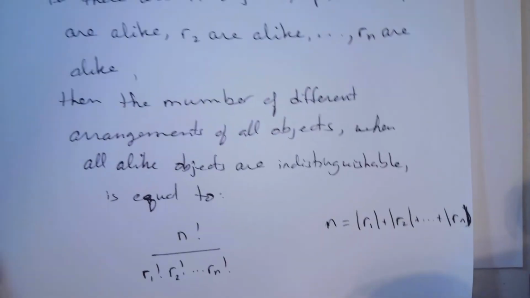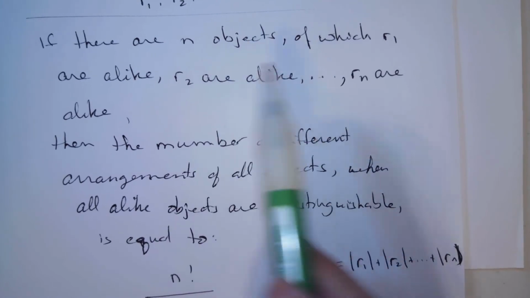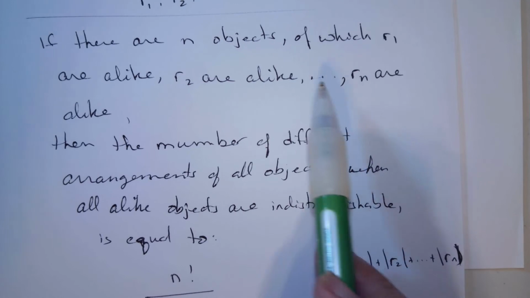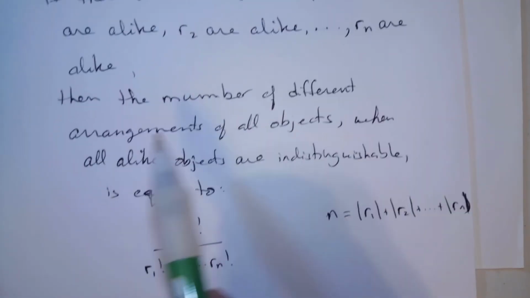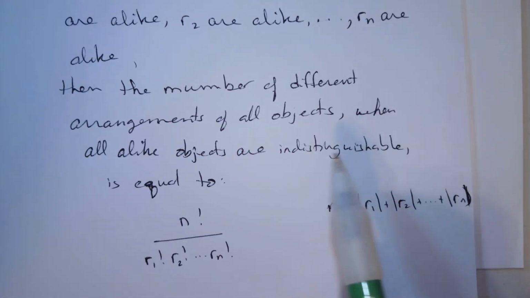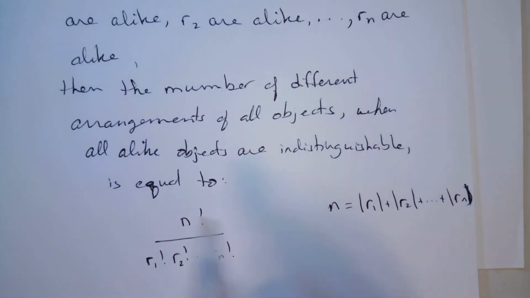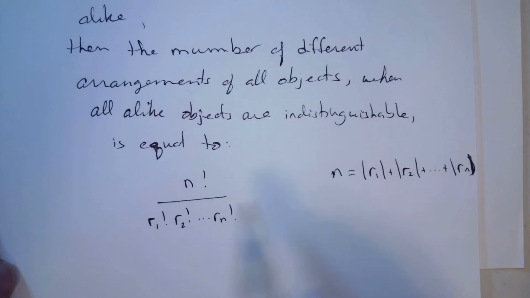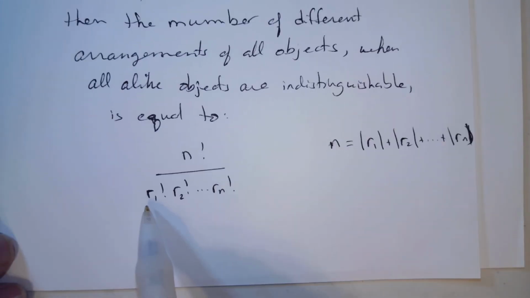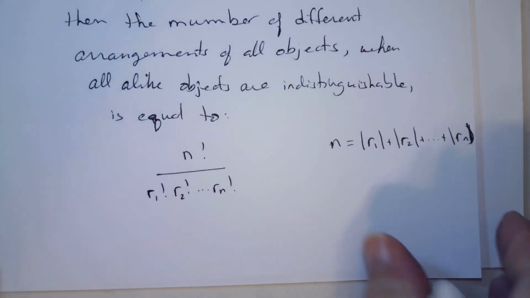So again, n is the total number of all the objects you have, divided by each group separately.